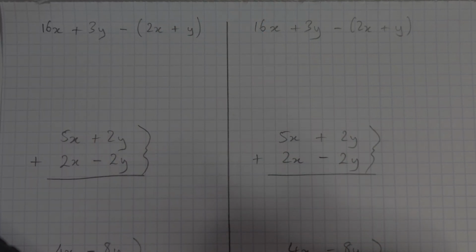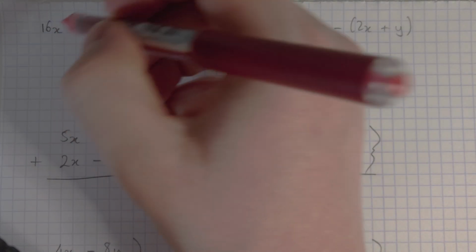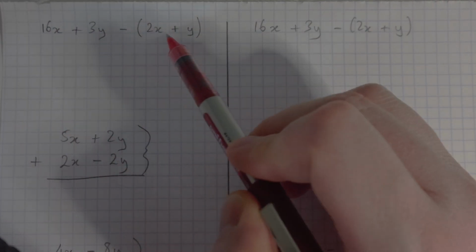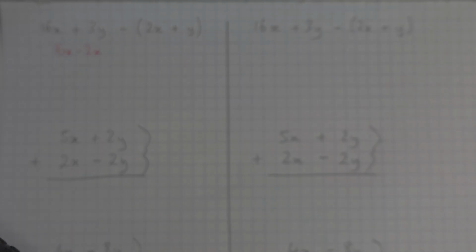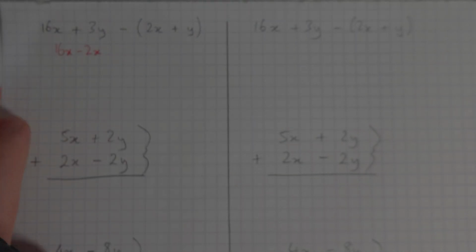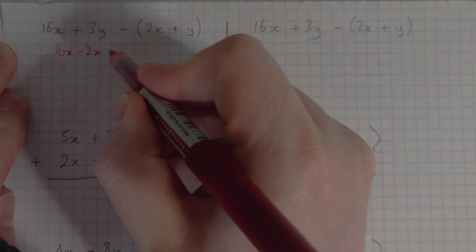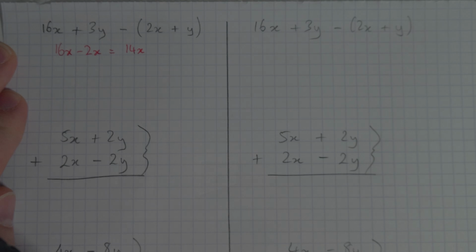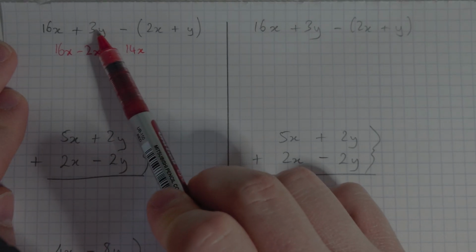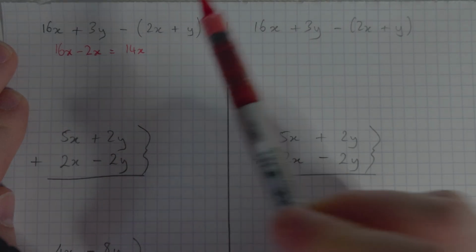If you could do questions like number 2, well, we could use that idea. We could say, okay, I've got 16x take away 2x. That was like one of the questions you did. Hopefully you know that that comes out as 14x, positive 14x. I've also got here 3y take away 1y.